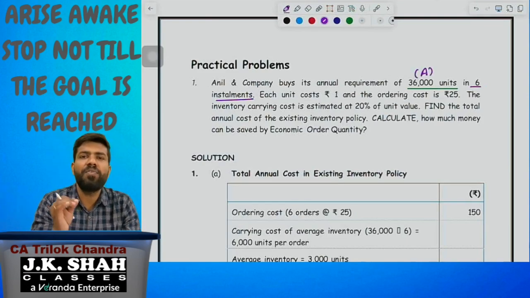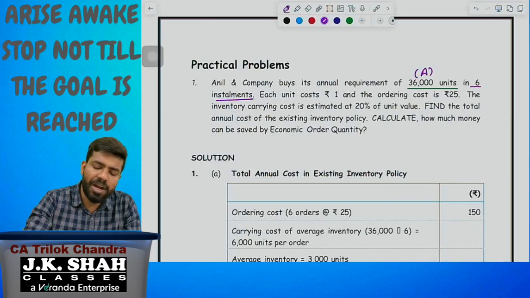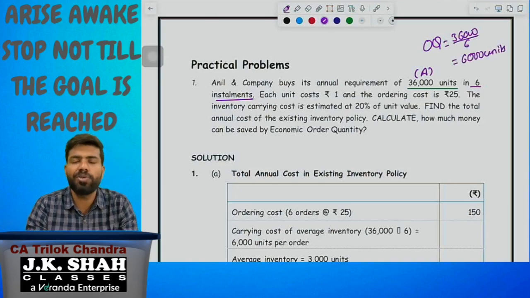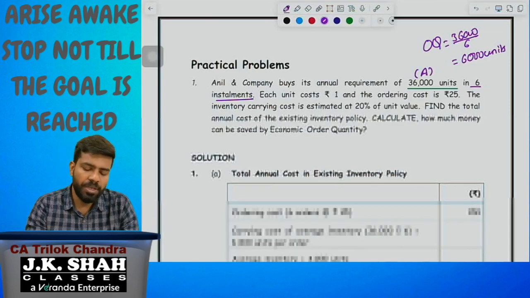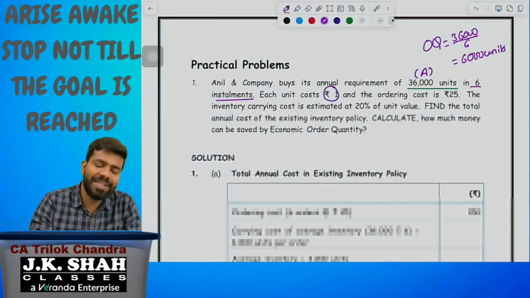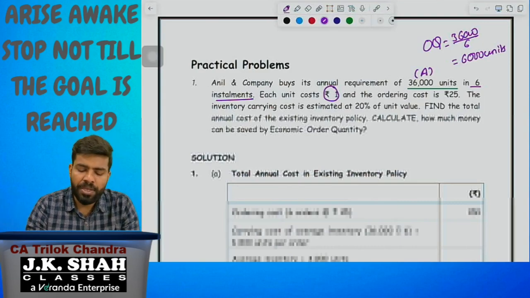So that means the number of orders is 6. So how much they are going to order? Order quantity equals 36,000 divided by 6, which equals 6,000 units per order. Next, each unit costs rupees 1. The purchase price is rupees 1 and the ordering cost is 25.